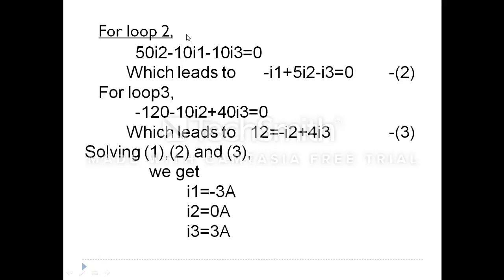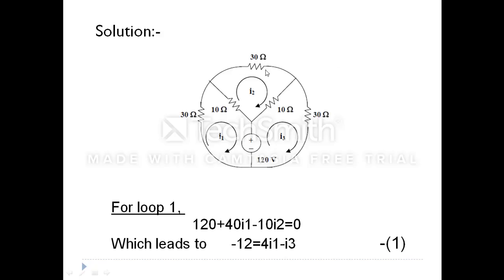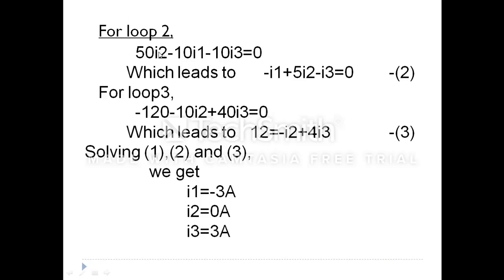Now for loop 2, similarly, you can write the equation: 50 I2 minus 10 I1 minus I3 equal to 0, which will give you minus I1 plus 5 I2 minus I3 equal to 0. Let it be equation 2.